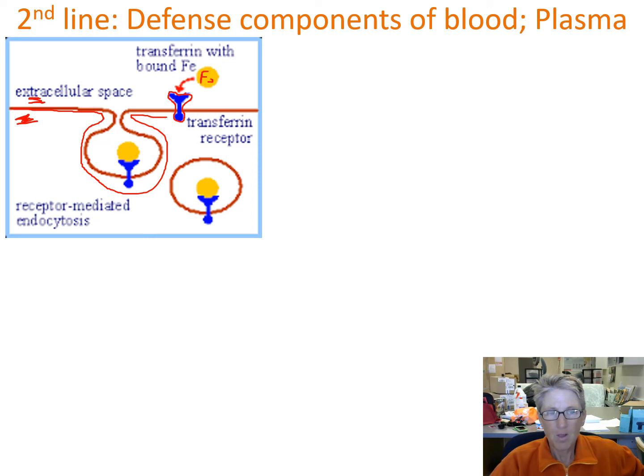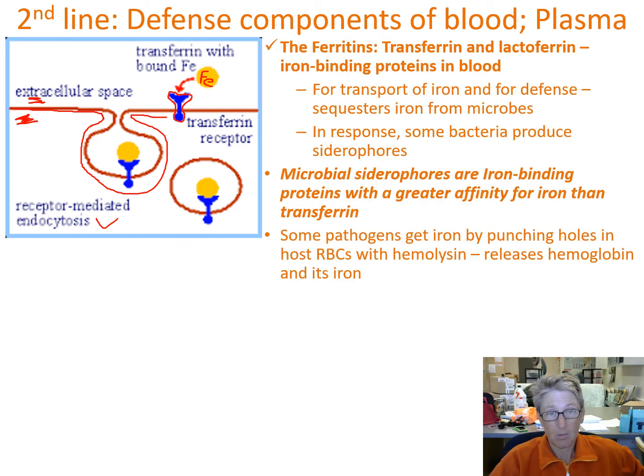So this transferrin receptor in the plasma membrane of your cells binds to iron, and then your cell will do this process, receptor-mediated endocytosis of the transferrin receptor and iron. And then you get iron into your cells, and you need iron in your cells to do a whole bunch of stuff. So these molecules called the ferritins include transferrin.